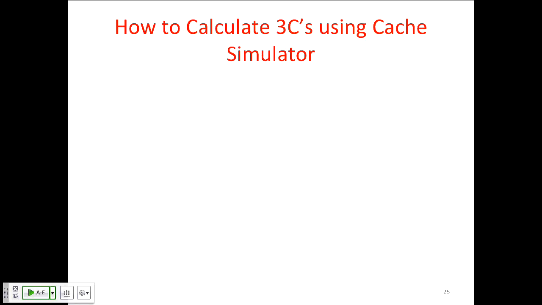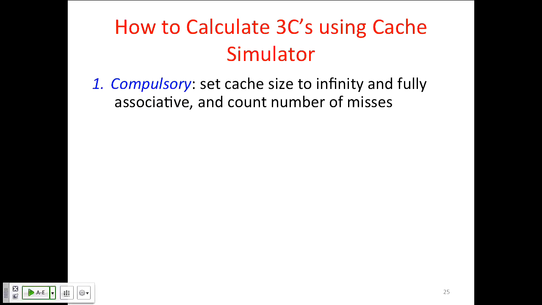Now, to measure these, you cannot actually detect online in your hardware which one of these it is. What you have to do is take your program, run it in a simulator, and do some analysis to tell you what category each miss is in. And the way you do this is, for compulsory misses, in your simulator, this is easy to do, make your cache be infinitely big and fully associative, right?